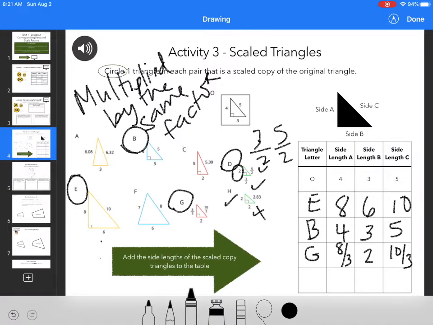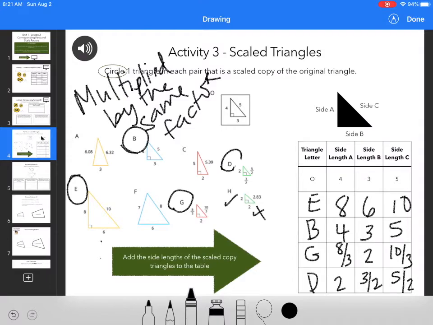So I'm going to go with D, because I'm thinking about all the different ways I can write division, and a fraction is the one way I can write it. So D, so I have 2, 3 over 2, and I have 5 over 2.